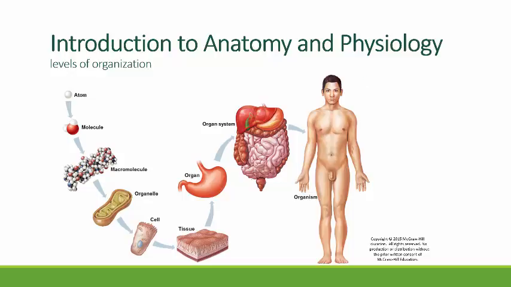Those organ systems, so for instance we're seeing the digestive system here, are composed of a variety of organs that all work together to do a specific function, in this case digesting and absorbing all the nutrients that we consume. Organs are composed of tissues. Tissues are clusters of cells that all have similar anatomy and similar function. So they're all working together to perform a function.